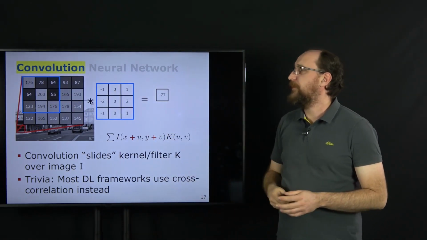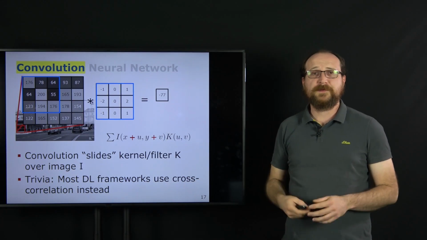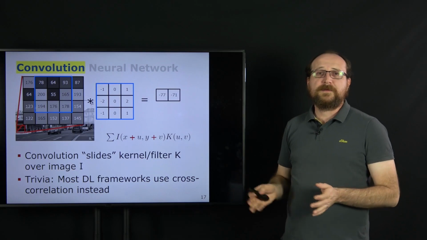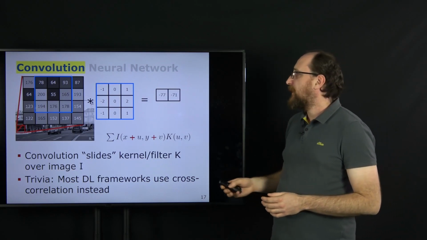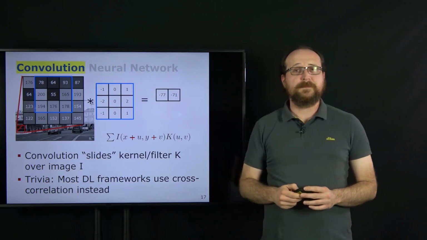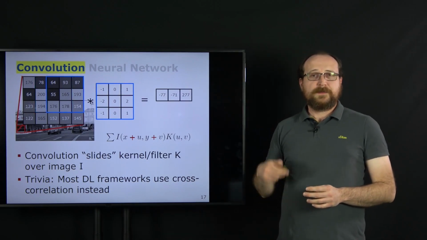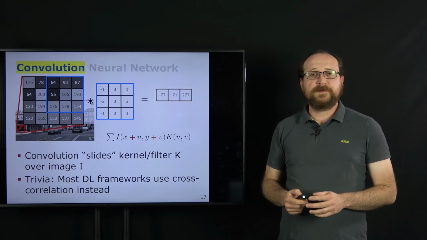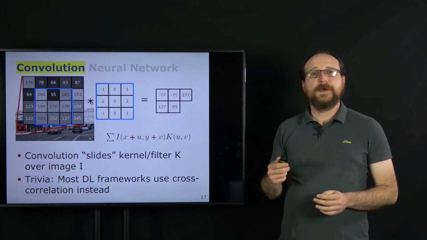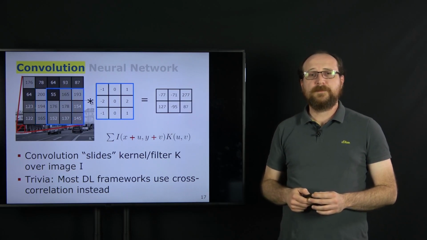This will then produce 77 and -77 in this case. Then we take this kernel and slide it a little bit further, and then the next value is computed, which is -71. And we apply this over the whole image in the sliding window fashion, and by this we get all the entries that the convolution produces in the end.